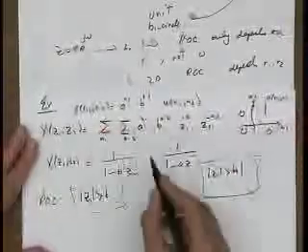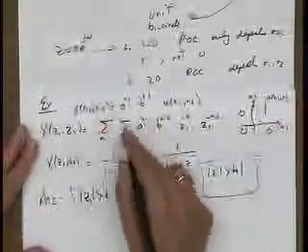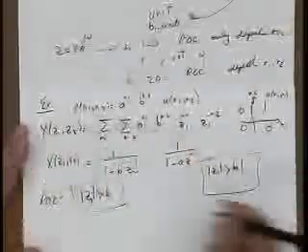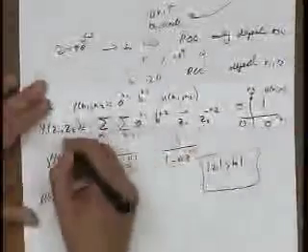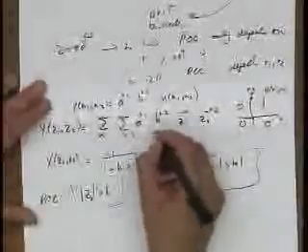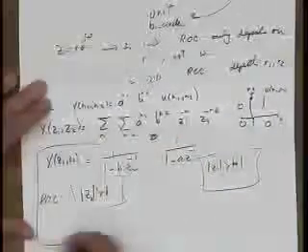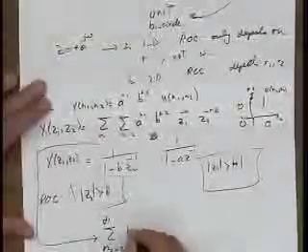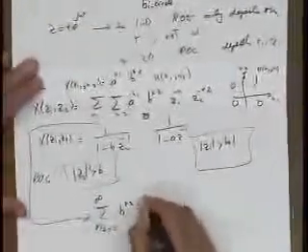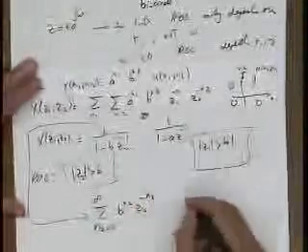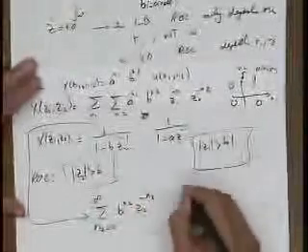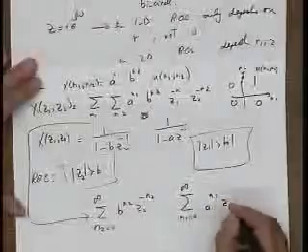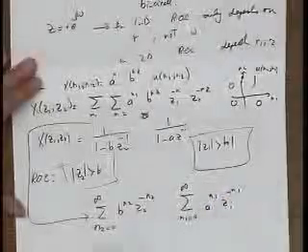I skipped a step here, so let me write down what this intermediate step was. This was the summation from n2 equals 0 to infinity of b to the n2 z2 to the power of minus n2, times the summation over n1 from 0 to infinity of a to the n1 z1 to the power of minus n1.